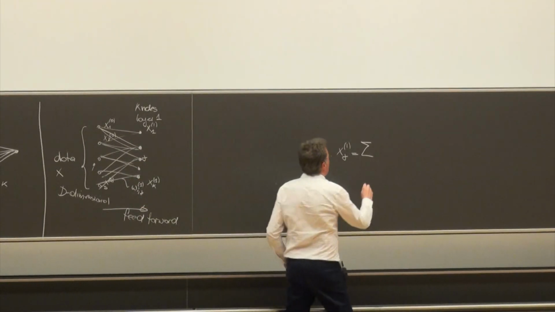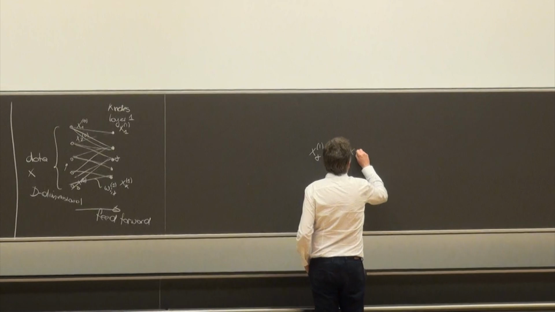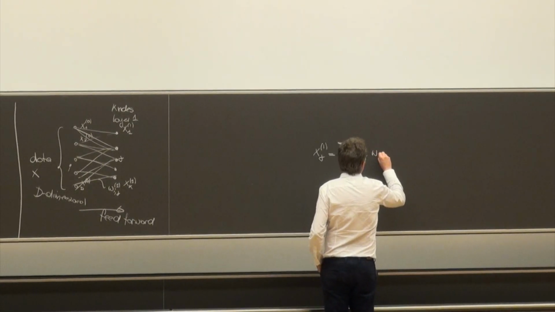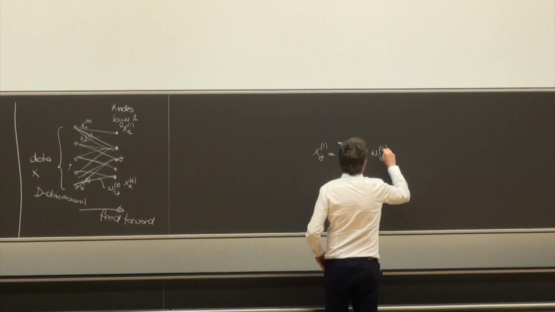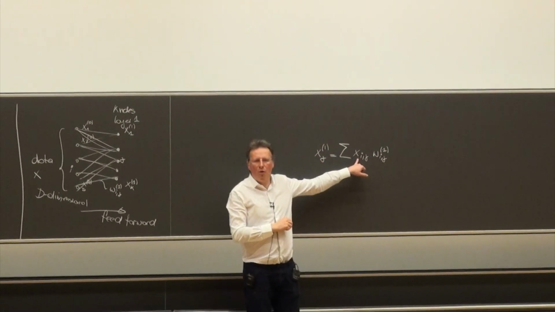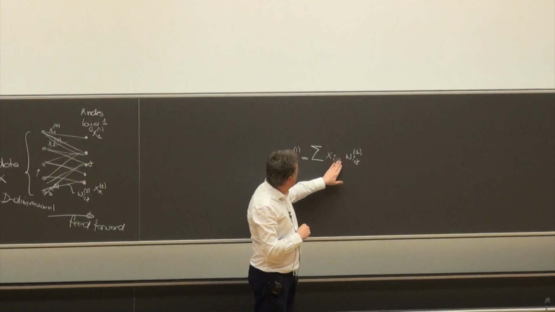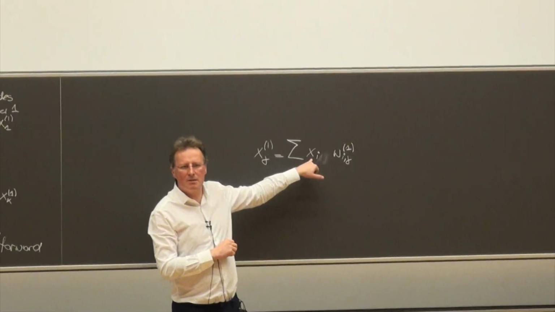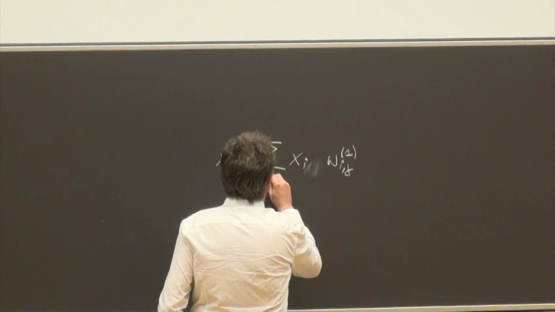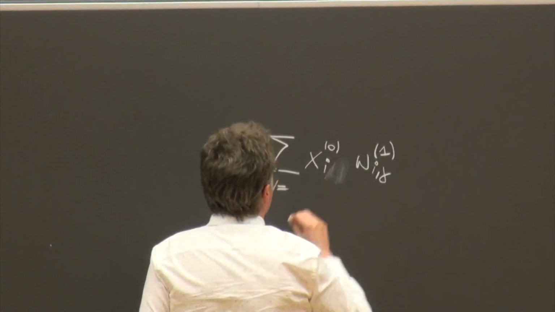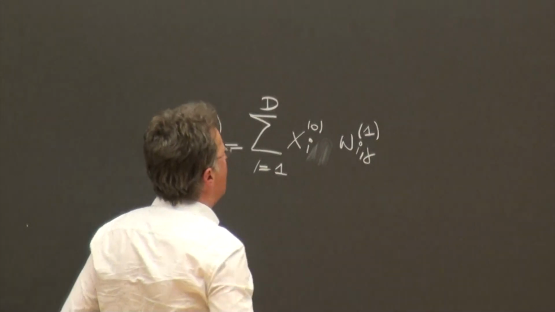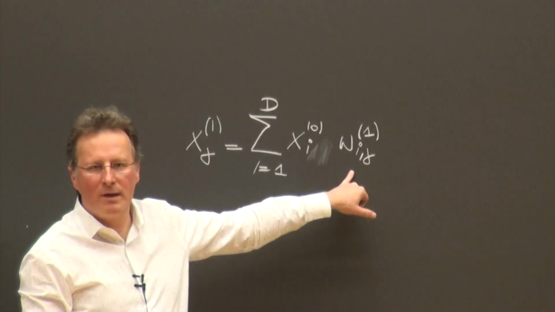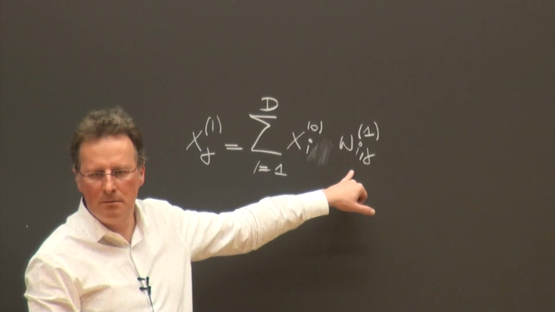So this means it's the sum of x_i times w_ij of layer 1. There's no x_ij, there's just x_i, so all the possible inputs. Since this is from layer 0, i in this case goes from 1 to d, weighted by whatever weight I have on that edge.